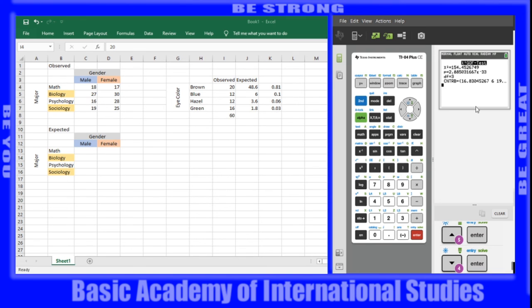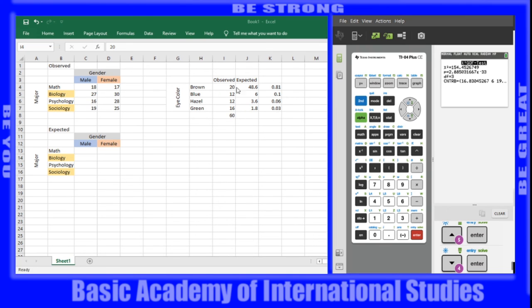Just keep in mind that you have to first calculate your expected if you're not given the expected, which is usually based on something you'll be told in advance. In the case of eye color, it's the probability of each eye color. You might be told instead, assume that they are all the same, in which case you would just make sure that each category in the expected is literally the same.